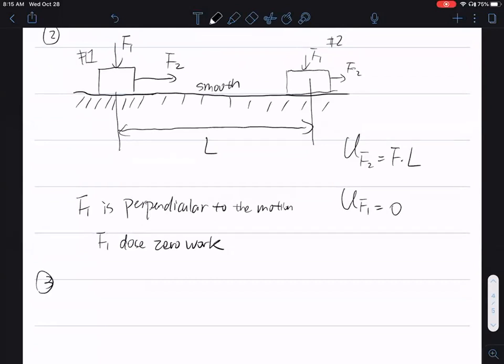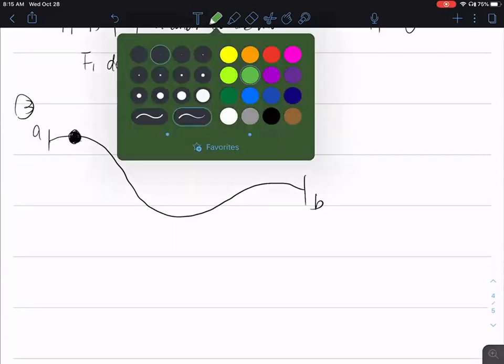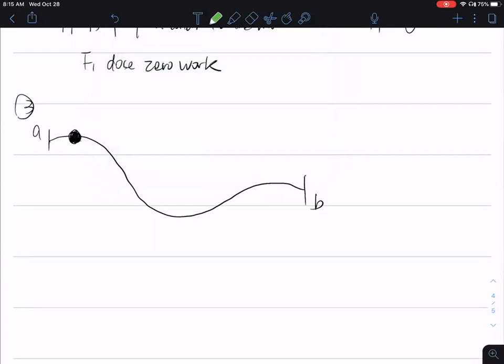Okay, now we have the third case here. We have a path starting from point A to point B. So we have a particle that can move along that path, and the force applied on the particle is F. This force F has a constant direction and magnitude, which means the direction of the force is only pointing to the right.